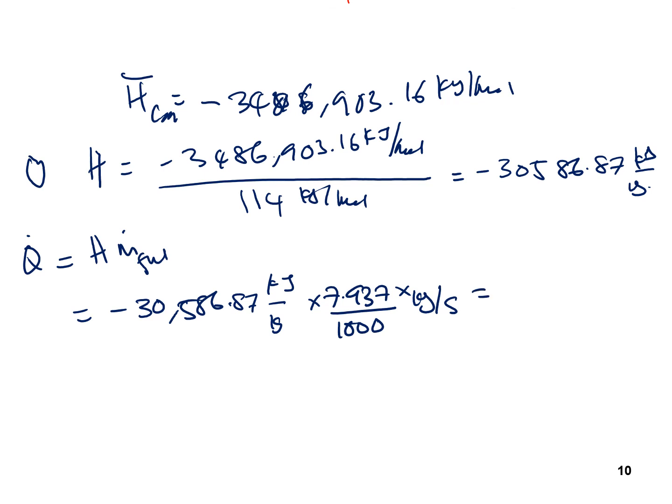Okay, dapatlah jawapan dia. Negatif 242.77 kilowatt, kilojoule per second ataupun kilowatt. Which is previous number was minus 25 something, 252 atau 259.